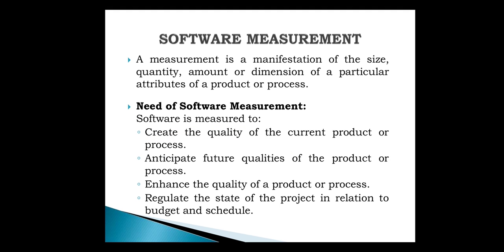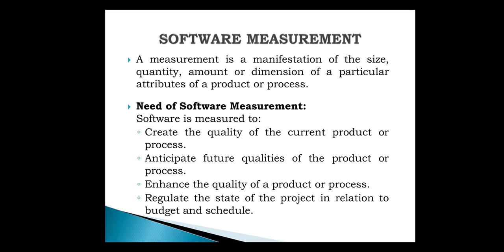So, what is software measurement? A measurement is a manifestation of the size, quantity, amount, and or a dimension of a particular attribute of the product or a process. According to this manifestation, you can measure a particular product or process.